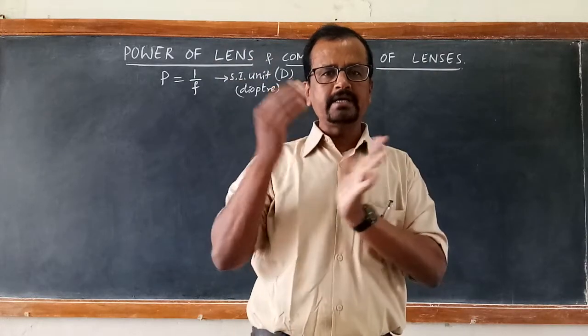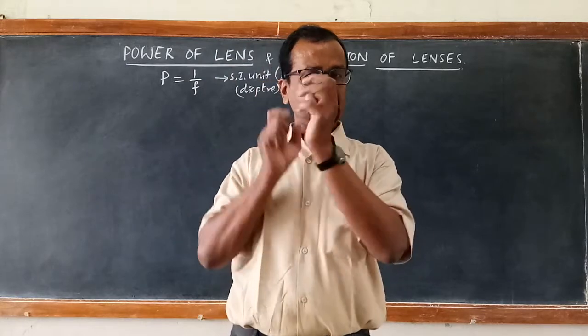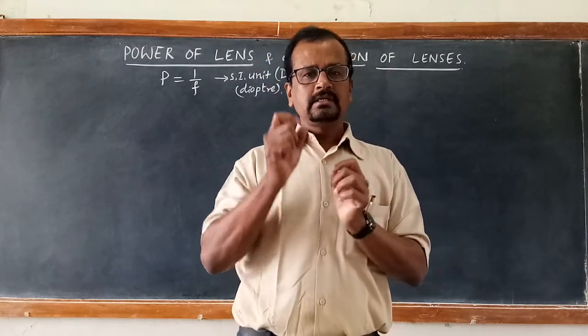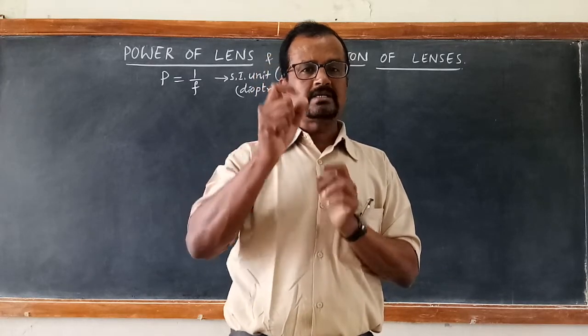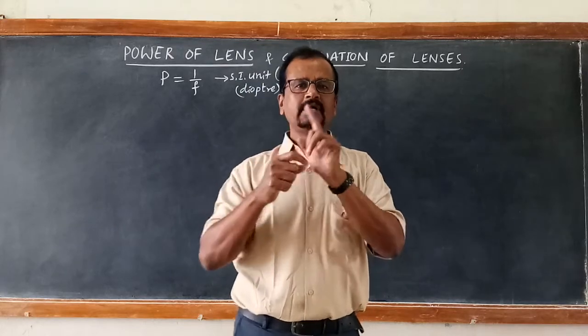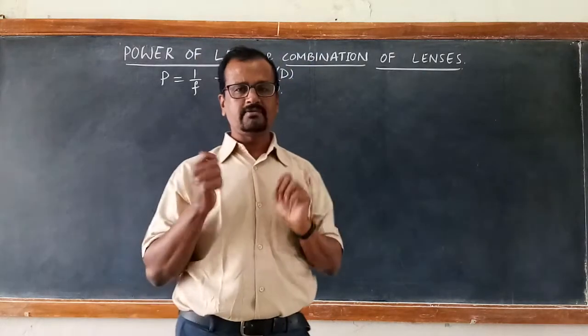So when he combines these lenses together in a frame, the combination of the lenses which are in contact gives us a total lens of different focal length. It gives us total lens of different power. So that is what we are learning, combination of lenses.